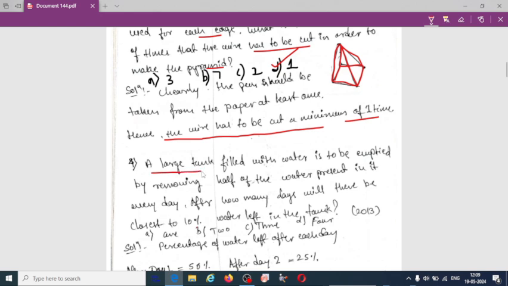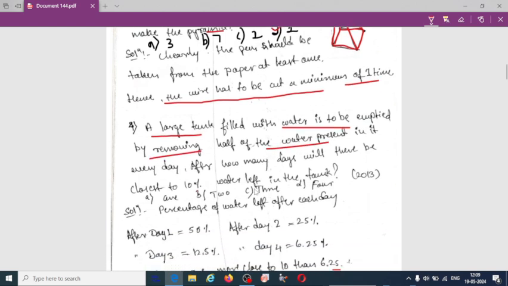Fourth one: a large tank filled with water is to be emptied by removing half of the water present every day. After how many days will there be closest to 10% water left in the tank? So each day half of the water percentage is going to decrease.